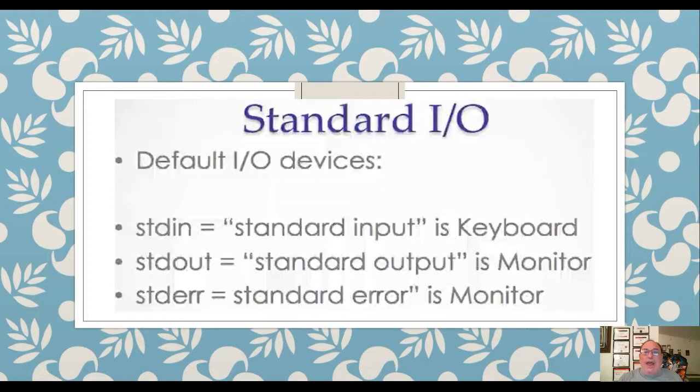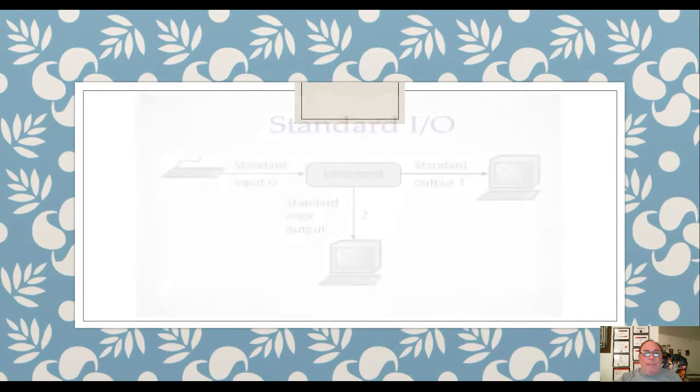Standard output, STDOUT, that's usually going to be the monitor. And of course, standard error is usually going to be the monitor also, because as you're doing your Linux, you see what you're doing on the monitor. Those are the defaults. Those can be changed, as we will now discuss.